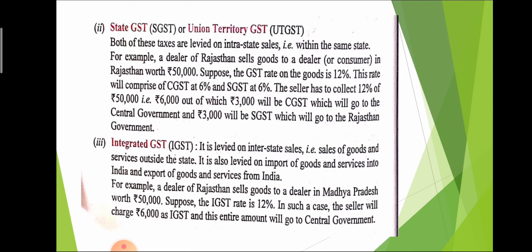IGST: when the transaction is considered outside the state, only one tax exists, that is IGST. Here one example is given. A dealer of Rajasthan sells goods to a dealer of Madhya Pradesh.